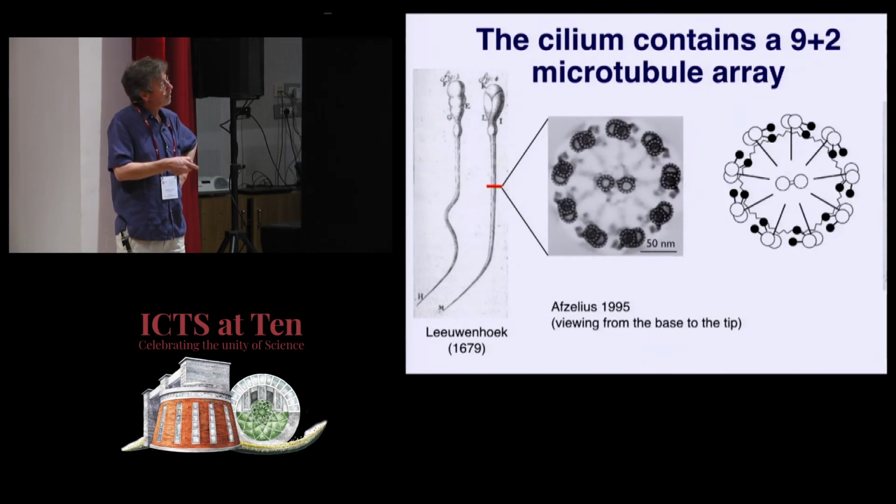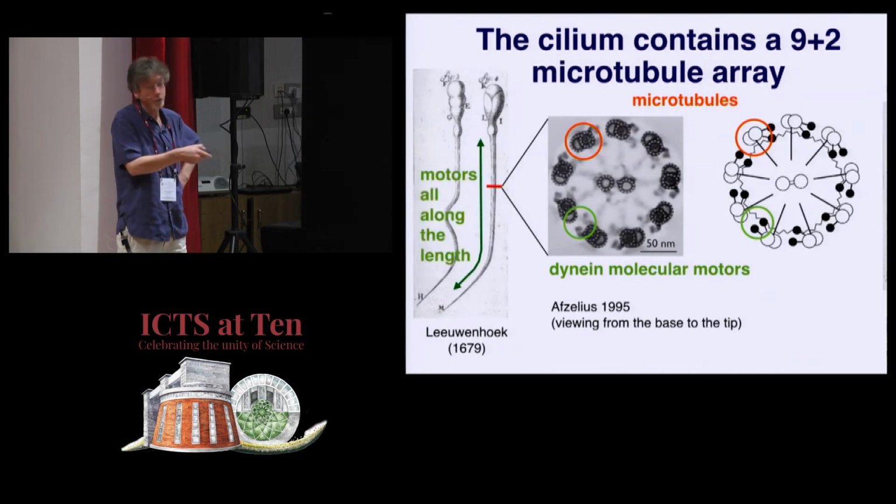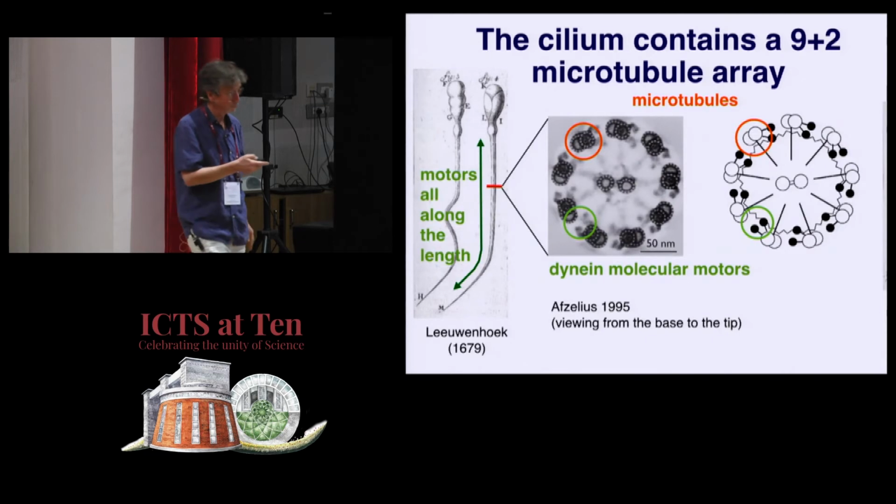And if you now, 300 years later, look at a section, you'll see that they're made up of microtubules, so-called doublet microtubules, and in between the microtubules are these dynein motor proteins, located all the way along the length of the cilium, and these drive sliding of the microtubules, and due to constraints, that sliding gets converted into bending.